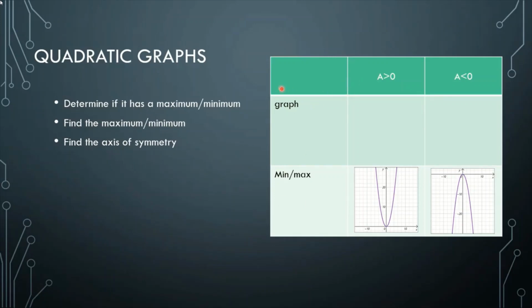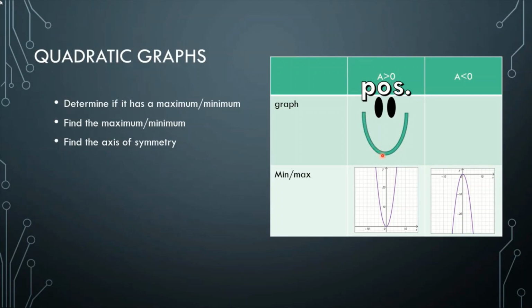And you can tell by these first things if it has a maximum or a minimum, or really this first question, by looking at the A. So if A is greater than 0, which means that it's positive, then it's a happy quadratic.